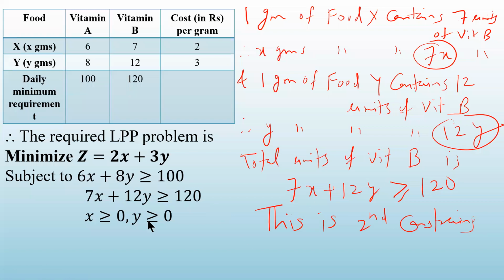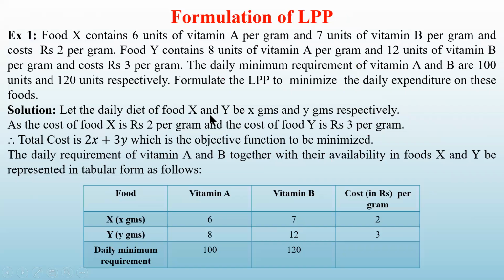Why can X and Y not be negative? Look at what X and Y are. X is the number of grams of food X a person is taking, and Y is the grams of food Y. So X and Y cannot be negative. You cannot say that I'm eating minus 20 grams of food X. That will make no sense.